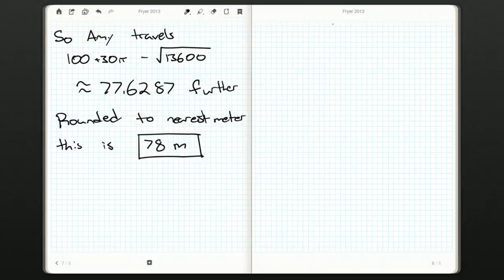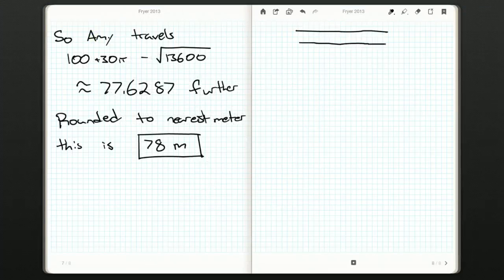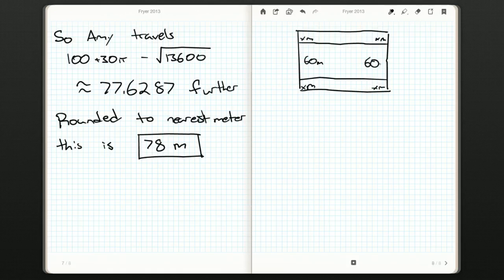So we'll draw the picture again. X meters here, x meters here. 60 meters, 60 meters, and these big semicircular arcs.